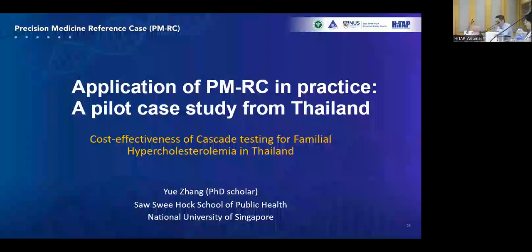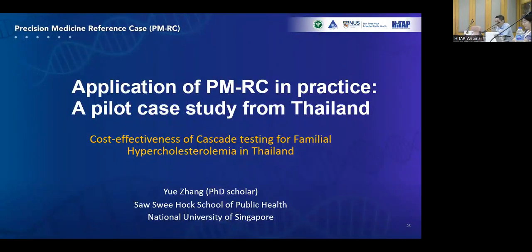On behalf of HITAP, we believe that this work is very important. The reference case will help us and all the Thai agencies conducting health technology assessment and health economic evaluation, in particular for the Thai government, to make their work more transparent and systematic.